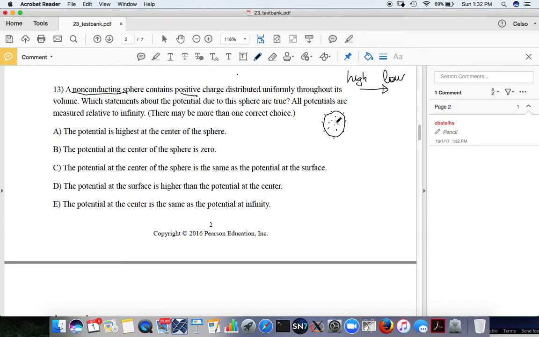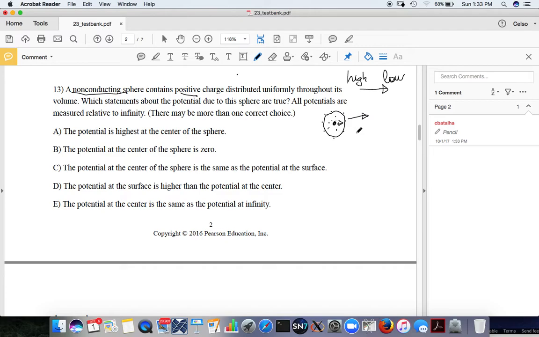The electric field points outward, outside the sphere and also inside the sphere for a positive distribution of charge, which means the potential should be highest at the center of the sphere and diminish as you move outside. That would be the normal conclusion.